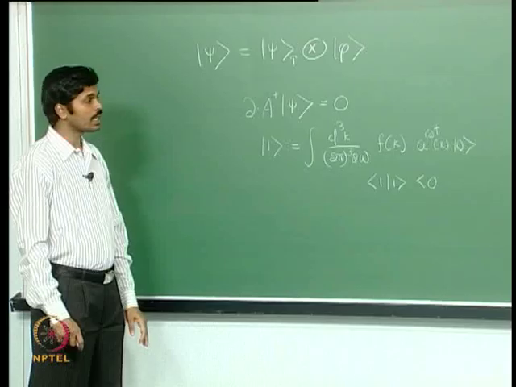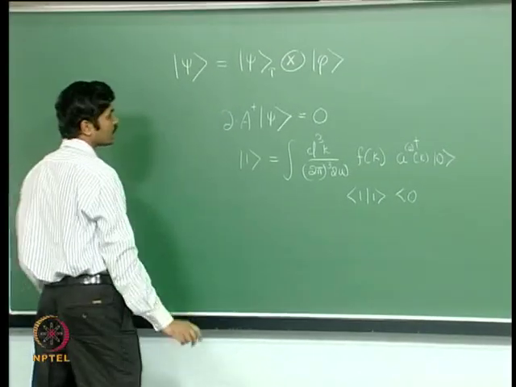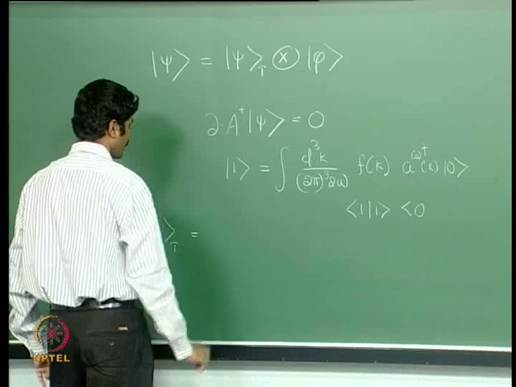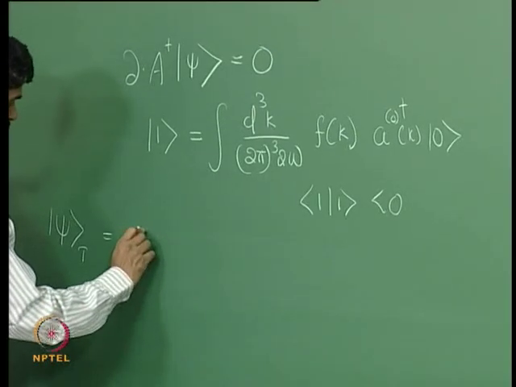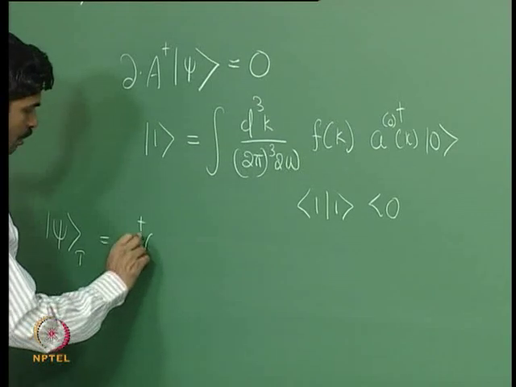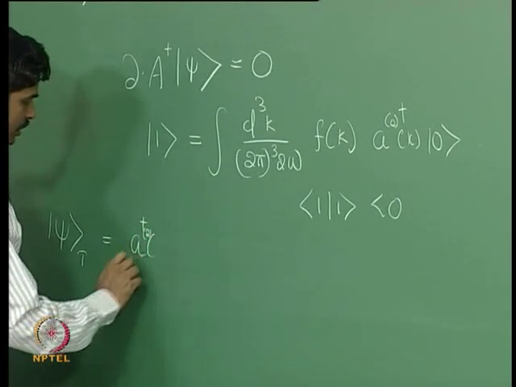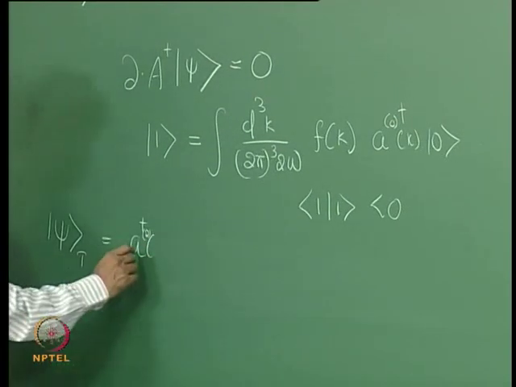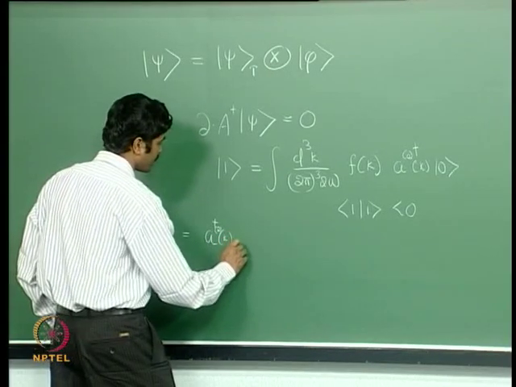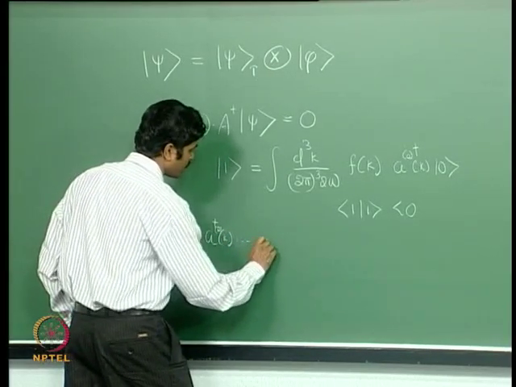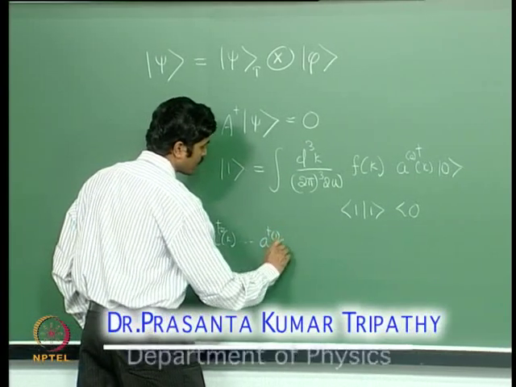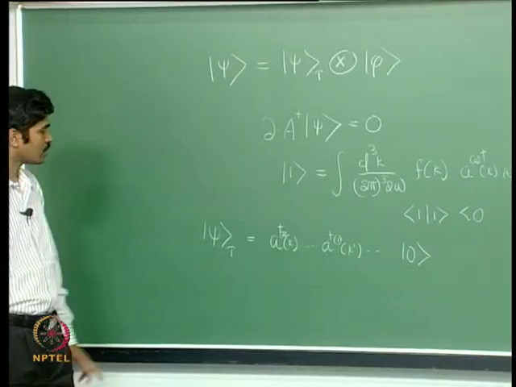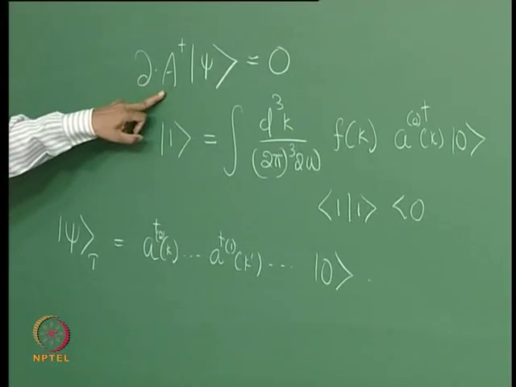Any state of this type, psi t, which is actually generated by acting creation operators for the transverse polarizations, which is a dagger 2 k, so on a dagger 1 k prime and so on like this, states of this type do satisfy the physical state condition.